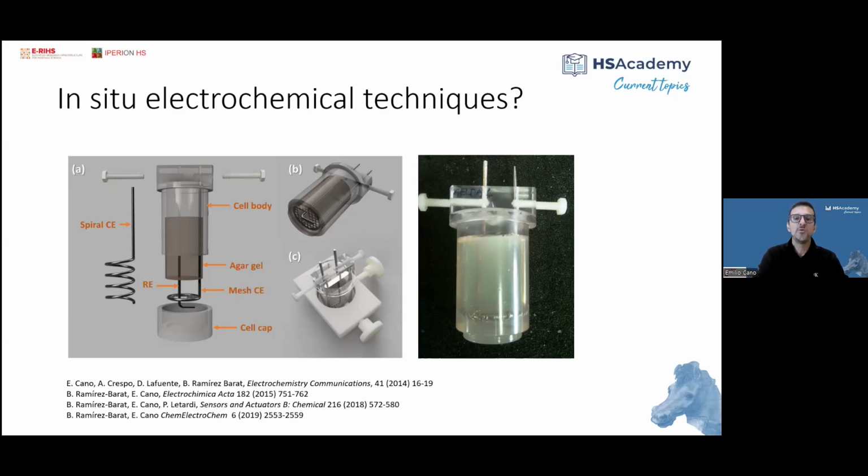And what we do is put this cell as a probe on the surface of the metal of the sculpture we want to measure. In the photograph on the right, you see this cloudy substance, which is the jellified electrolyte, which protrudes at the bottom, so we can put that on the surface.